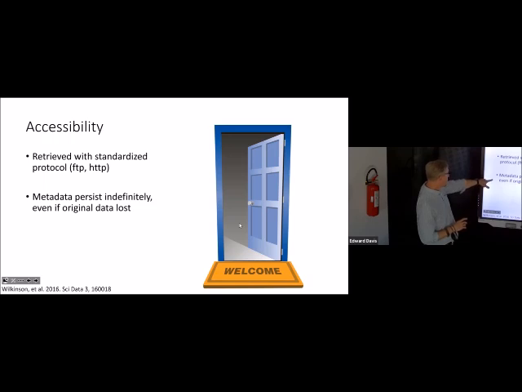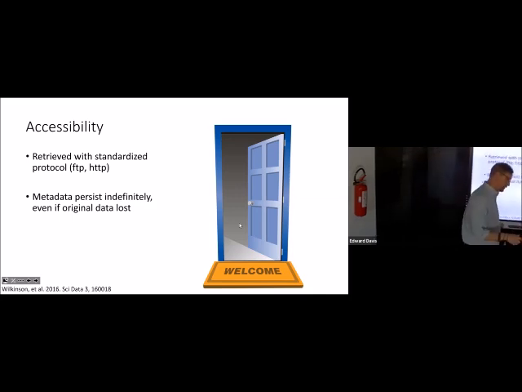And then the metadata have to persist indefinitely, even if the original data are lost. So when you're building this resource, the metadata will persist into the future, even if the original specimens are destroyed, so that people can still go back and see that those things did exist at one time and use that information in their research.